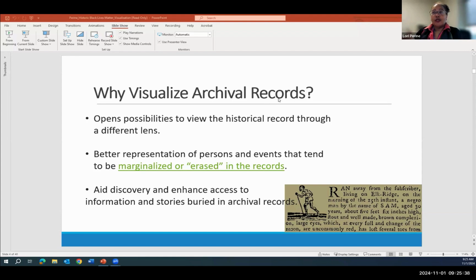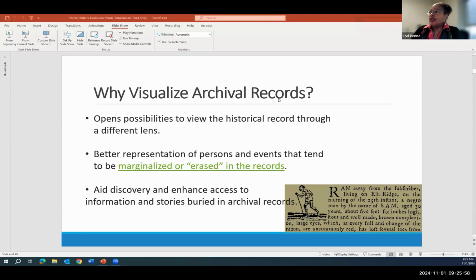Here's an opportunity to approach those records from a different visual and physical perspective, but also from the perspective of having the knowledge in the context of today as opposed to yesterday. There's an opportunity.